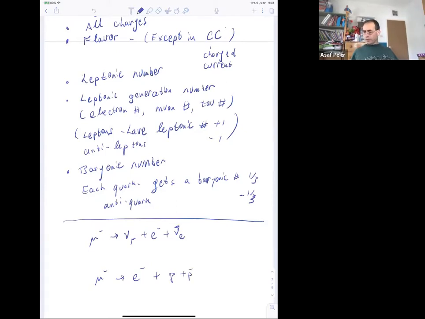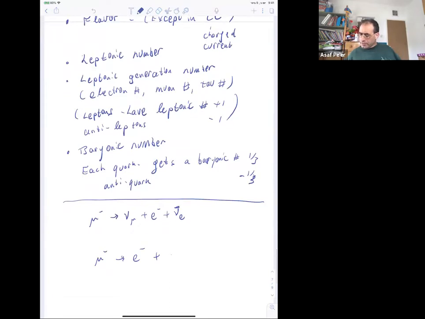If you give enough energy, well, that will never happen, right? Or, plus neutrino E plus an anti-neutrino E. This cannot happen, right? You are conserving the total leptonic number, but you're not conserving the muon number.